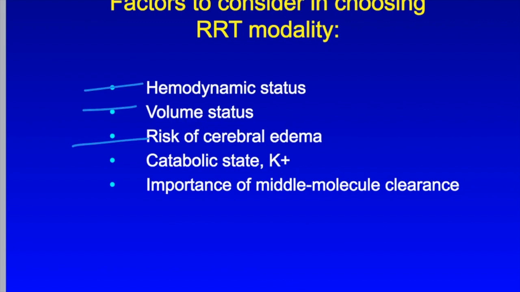On the other hand, if the patient is hemodynamically stable but extremely catabolic, hyperkalemic, or fluid overloaded, the rapid removal of solute or fluid by hemodialysis may be needed. If middle molecule clearance is desired, CVVH or CVVH-DF is the treatment of choice.